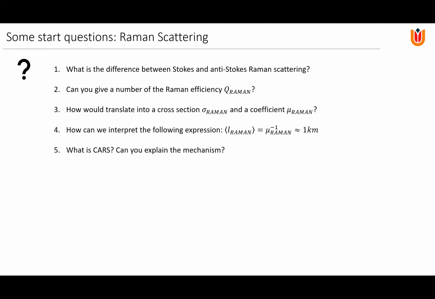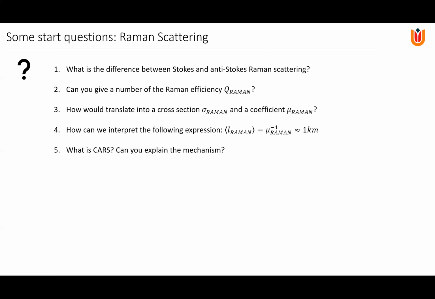First, a photon will excite the ground state to this virtual level. And then we will decay to the upper vibrational state. And how does that work? Emission. Yeah, that is the trick.